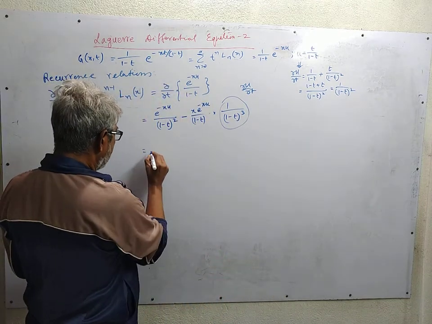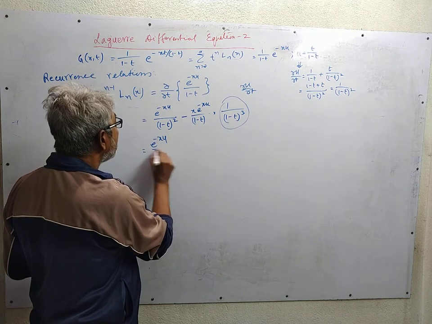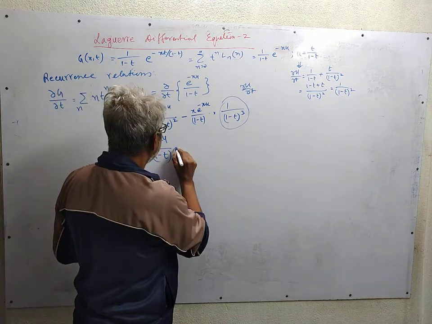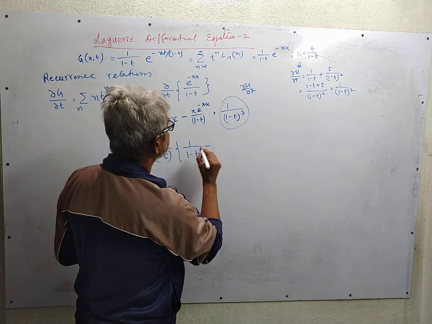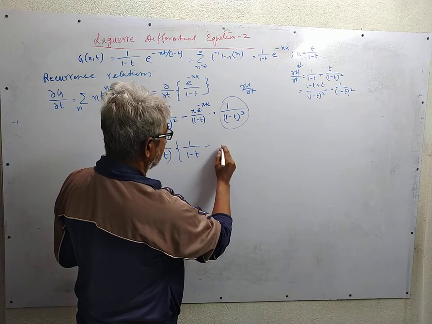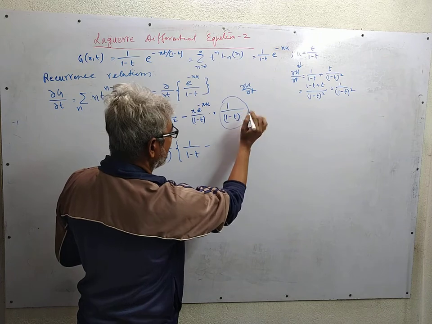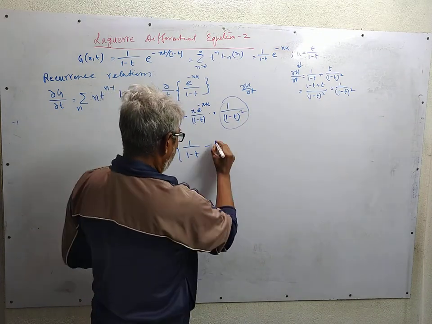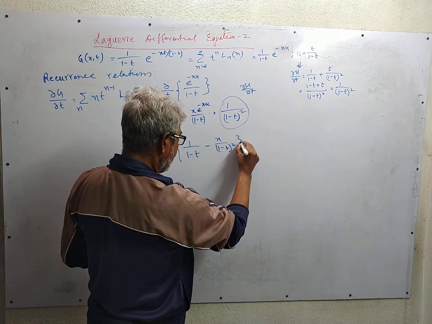So if we take e to the power minus x u by 1 minus t, which is the generating function, the remaining term is 1 upon 1 minus t whole square, and x by 1 minus t whole square.